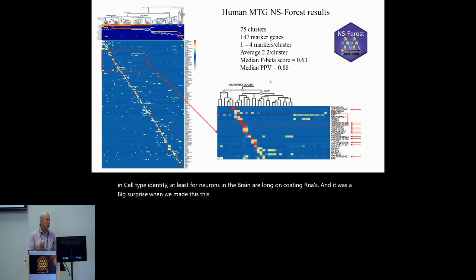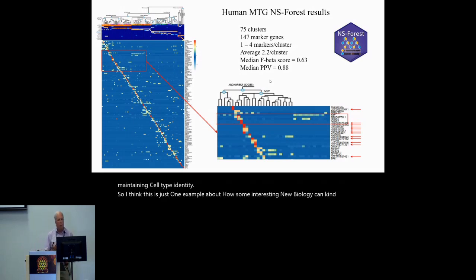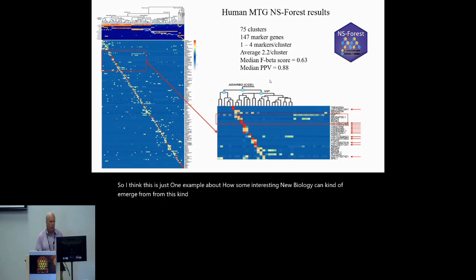But I think it suggests that there's probably a second layer of regulation. We think a lot about transcription factors controlling the initiation of transcription, but there's probably an important second layer of regulation that involves long non-coding RNAs that seems to be very important for maintaining cell type identity. So I think this is just one example of how some interesting new biology can emerge from this kind of analysis.